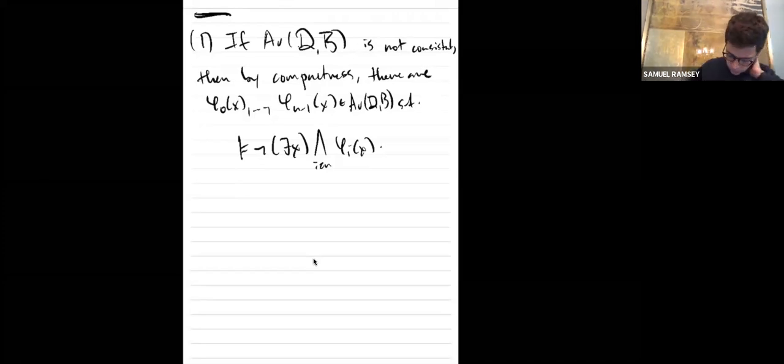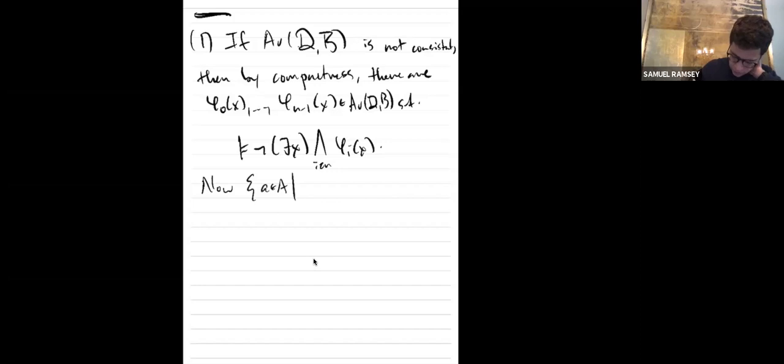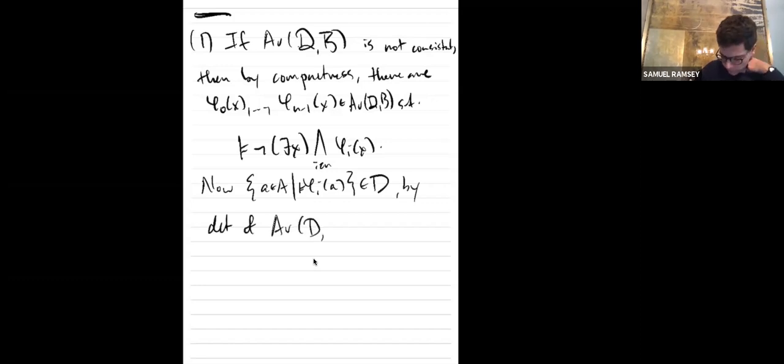Okay, now the set of a in A such that phi_i(a) is true is contained in D by the definition. Each one of these formulas is in the set of formulas av D B. So it had better be the case that the set it defines intersects A in a D-large set.